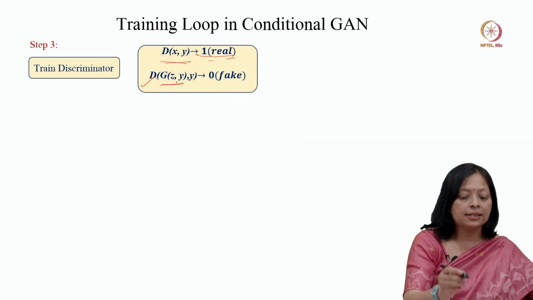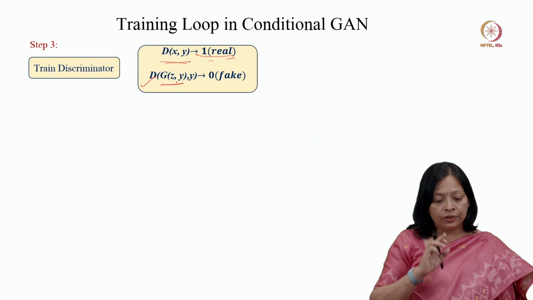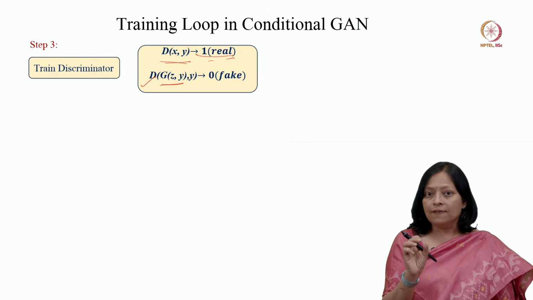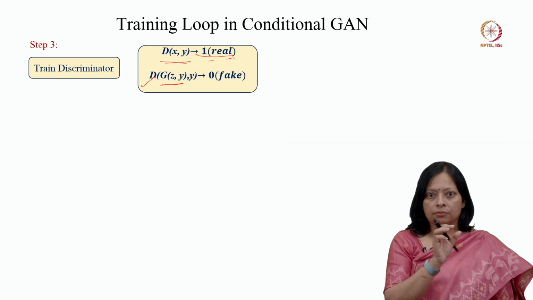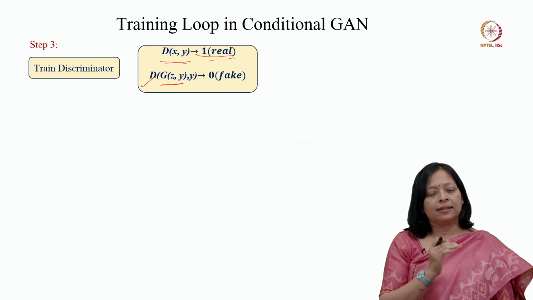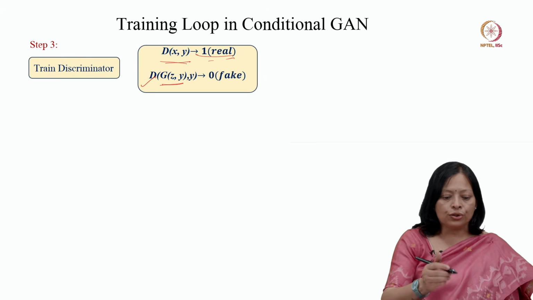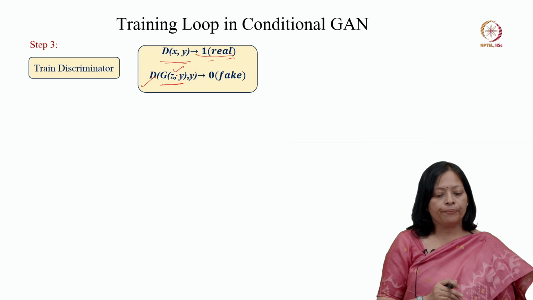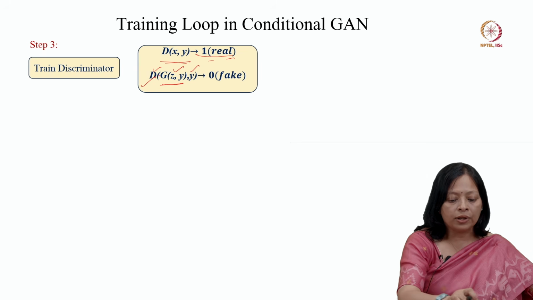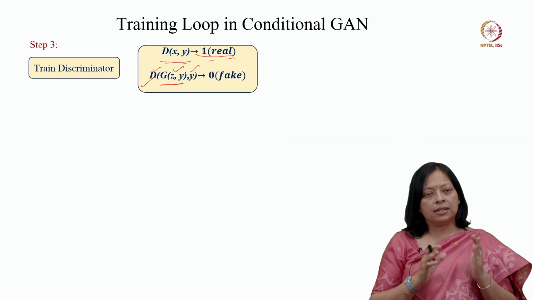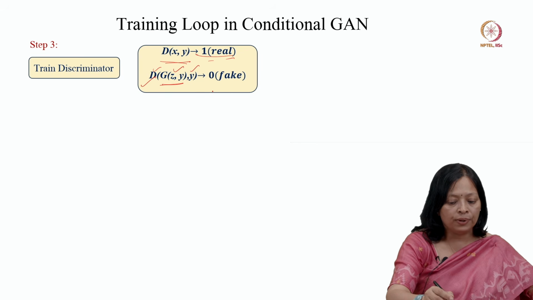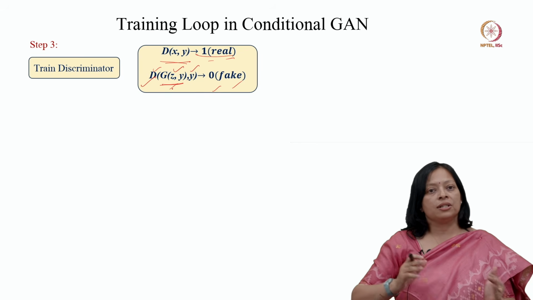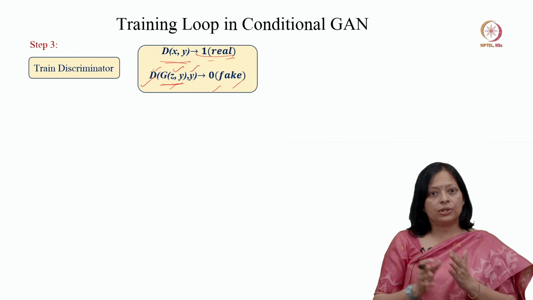This is the output of the generator, which has taken as input the noise z and the class label y. For these two things the discriminator gives a probability score which tends to 0, because it is a generated image, not the real image. It is a fake image.